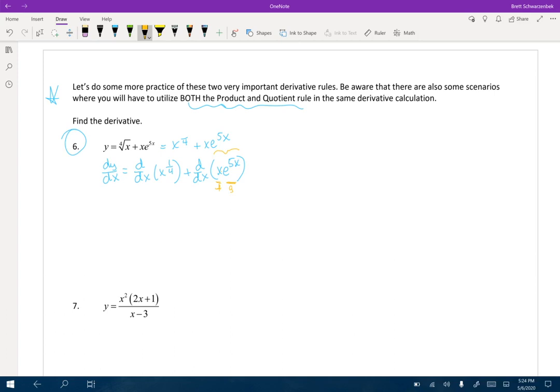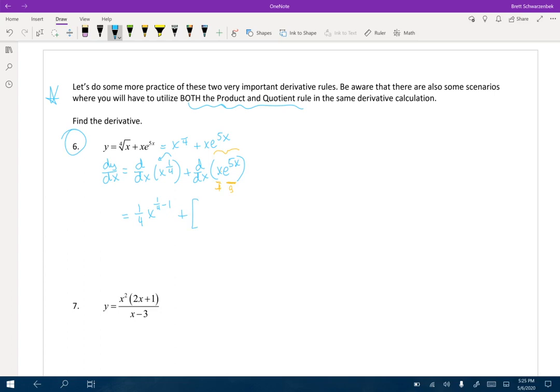I need the product rule. So here we go. The first part of this is just a straight derivative. So let's do the math. If it's a power, the 1/4 goes to the front, the x comes down, and we need to subtract 1 from the exponent. We'll take care of that math later. I'm going to put a bracket here so it separates the problem. For the derivative of a product, I need the product rule.